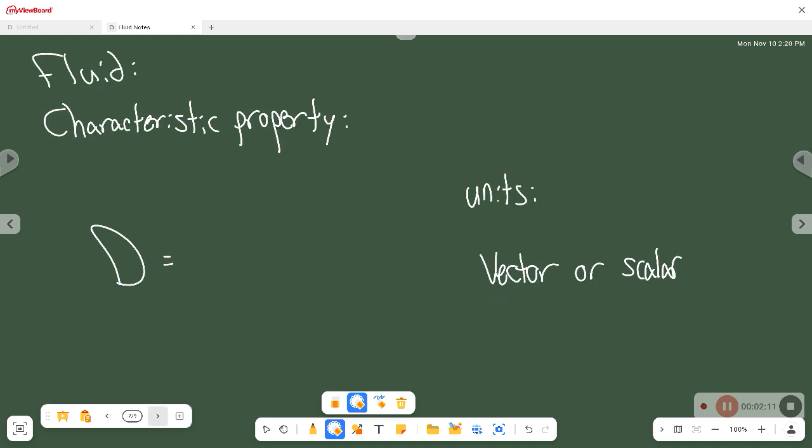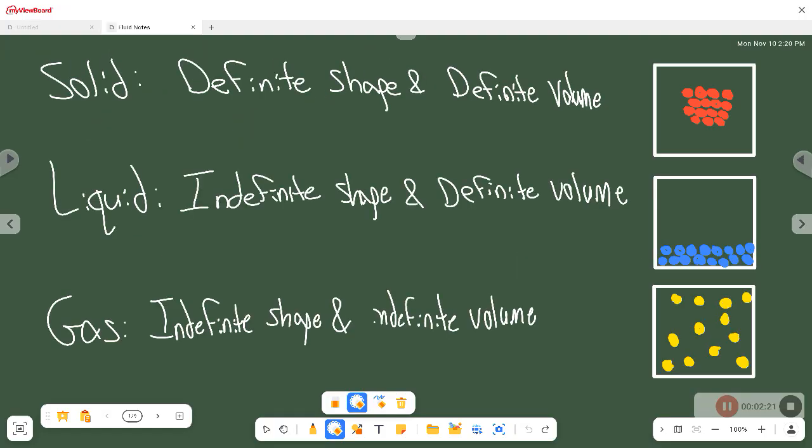Okay, so then what makes a fluid? Well, our definition for a fluid would be matter with indefinite shape. Okay, so matter without definite shape. If we go back over here, we look at our definitions of our different types of matter, and we see that both gases and liquids are considered fluids because they have that indefinite shape.